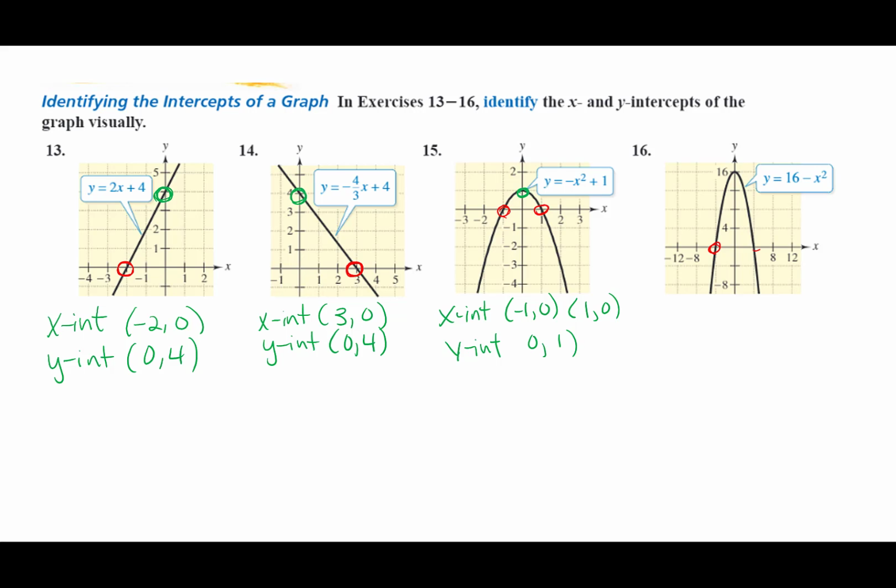There are 2 x-intercepts and then a y-intercept. Just be careful on 16 because the tick marks are numbered differently than the previous 3. The 2 x-intercepts for 16 will be -4, 0 and +4, 0. And the y-intercept is sitting at 0, +16.